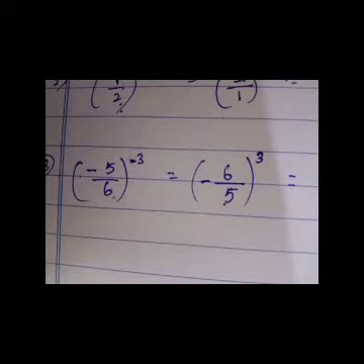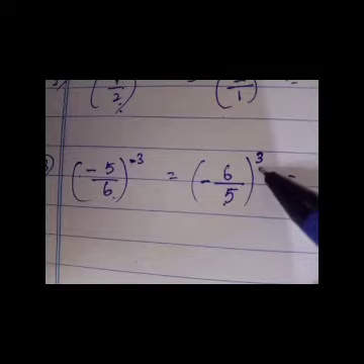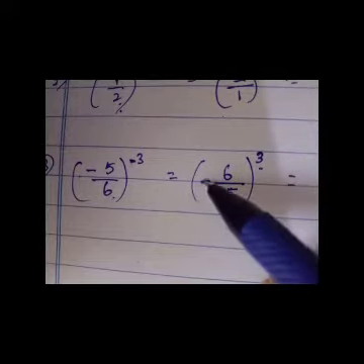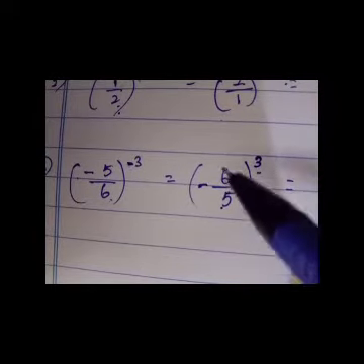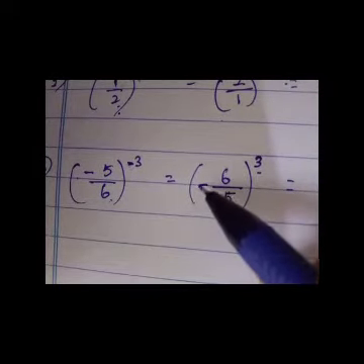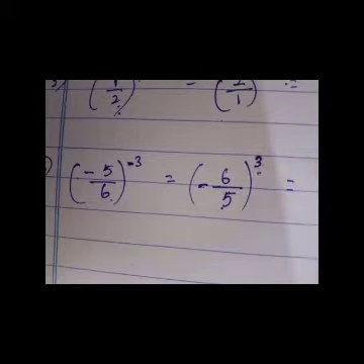Now you know very well. See here, the power is an odd number. If the power is an odd number and the base is negative, then your answer should be negative only. Because if you multiply the sign 3 times, minus into minus is plus, plus into minus is minus.